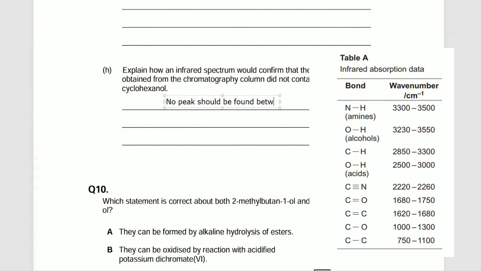And if it was there, we'd expect to see that OH bond between 3,230 and 3,550. And so if we have only made cyclohexene, we should see no peak representing that OH bond.